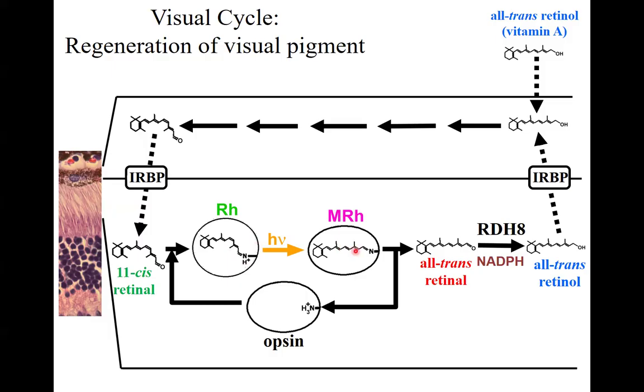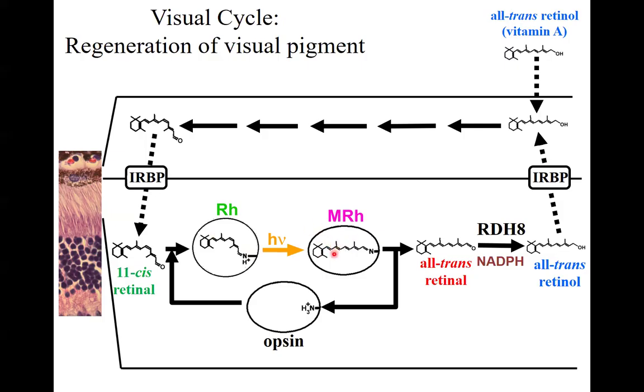This photoisomerization, which is the first part of light detection, destroys the pigment. And this necessitates the regeneration of the pigment. Otherwise, we would not be able to see. And we're all familiar with this, right? If we go from a bright environment to a dimly lit environment, it takes a while to get our sensitivity. The reason for this is that the pigment needs to be regenerated because the bright light has destroyed a lot of it.